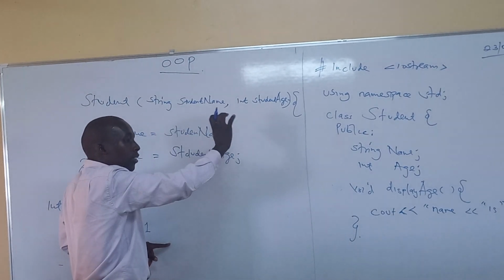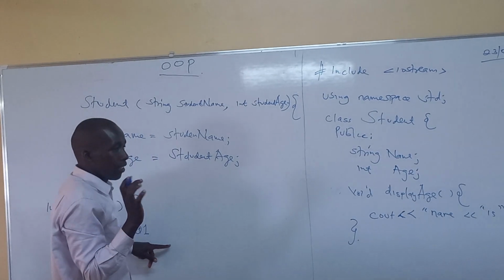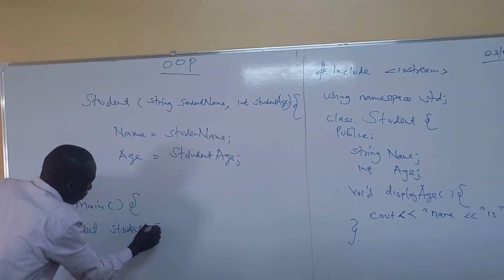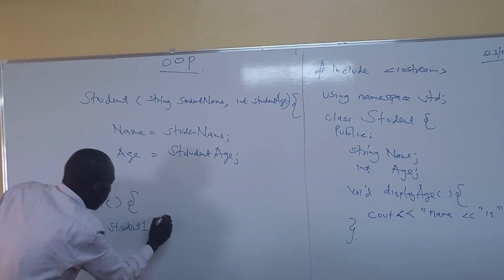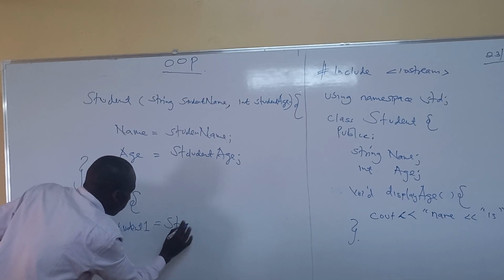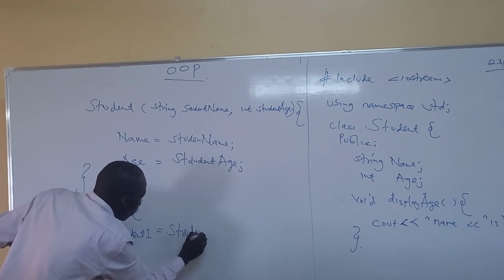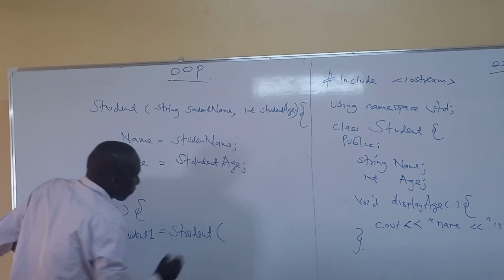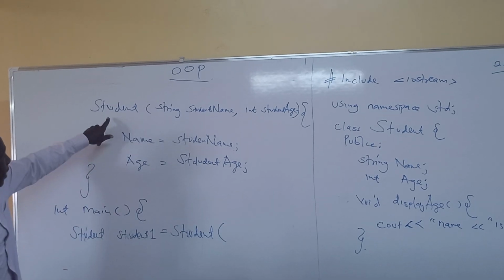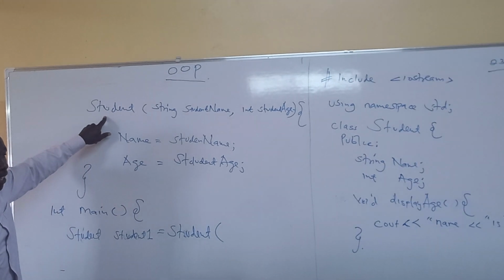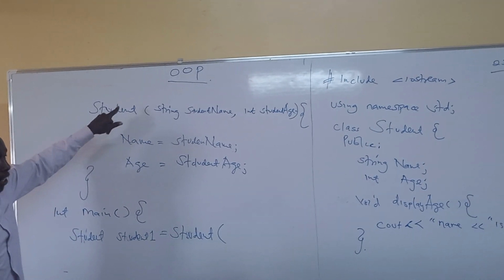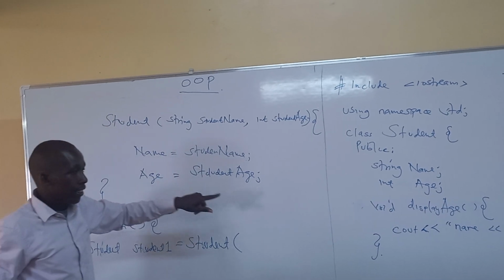Any parameter should have its own argument, right? So we say we initialize to a constructor, student. Just exactly what happens in our constructor, we pass arguments corresponding, right?